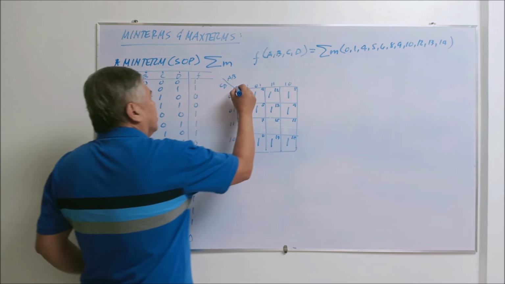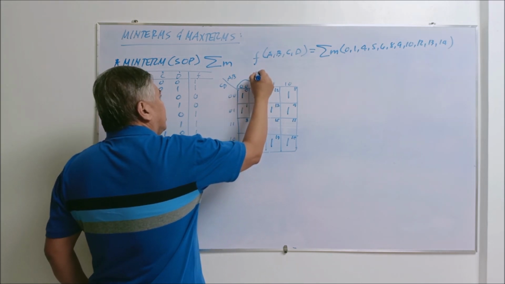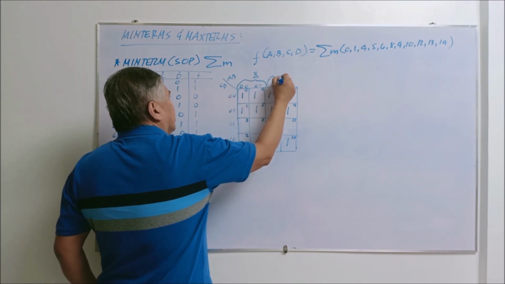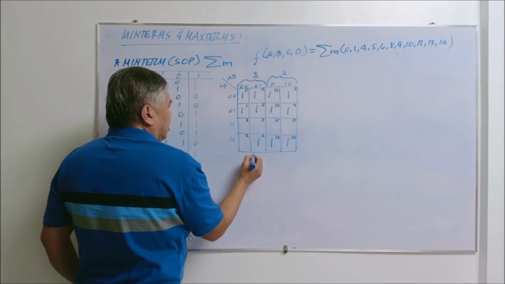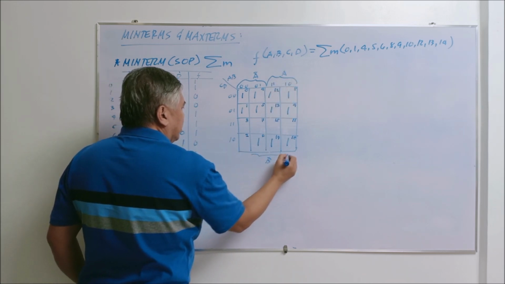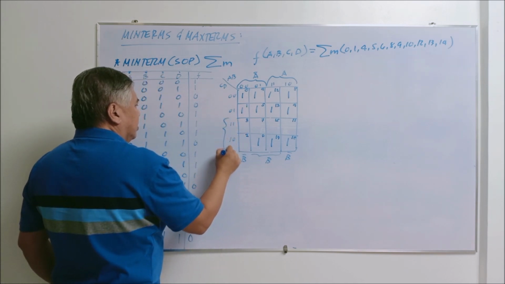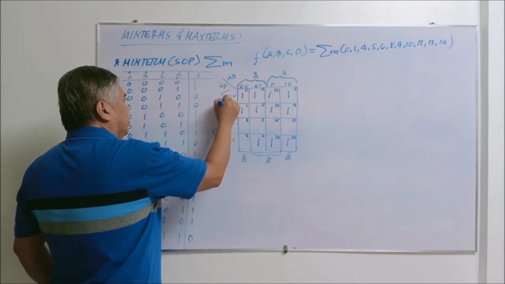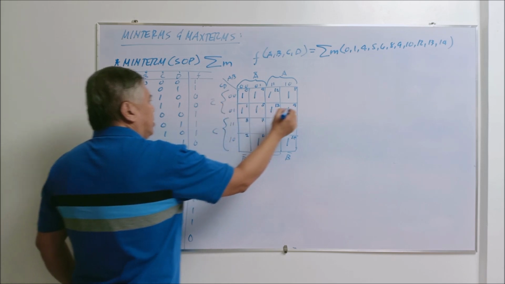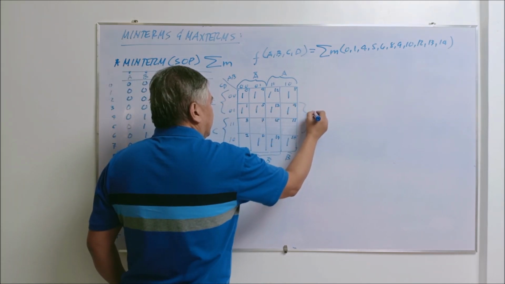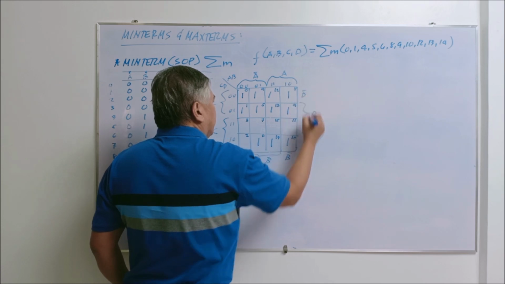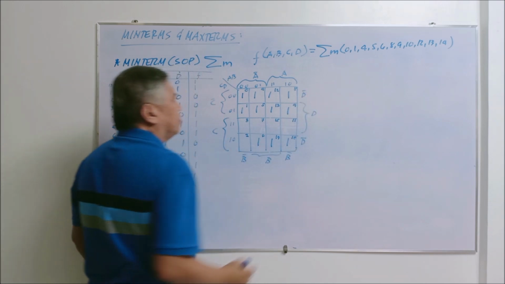Again, in the sum of product expression, this is A bar here, and this is A, this is B, B bar, B bar, this one here is C, C bar, then D, D bar, D bar.